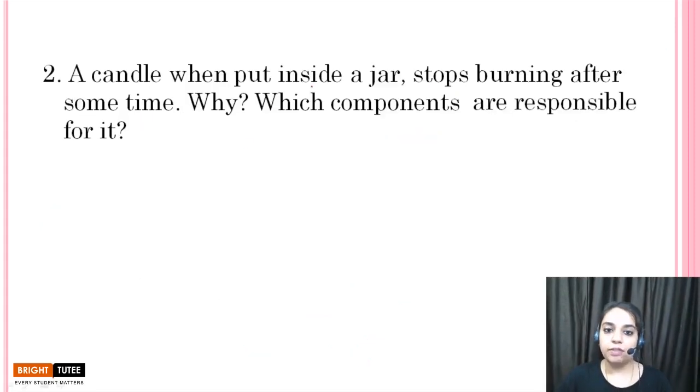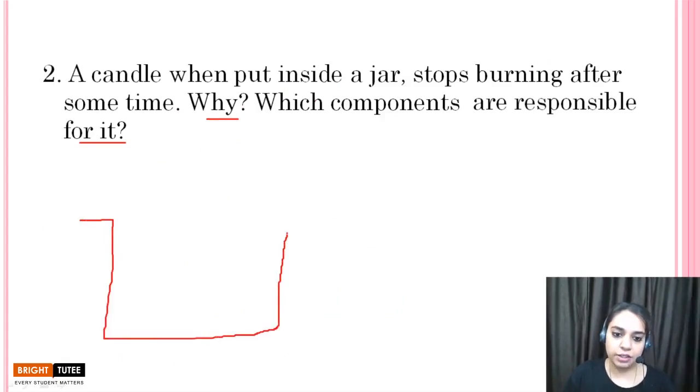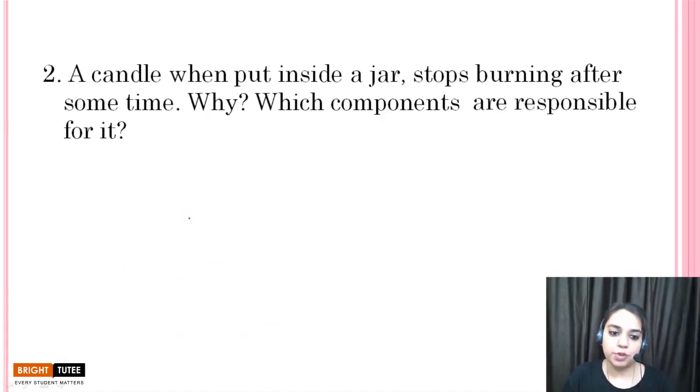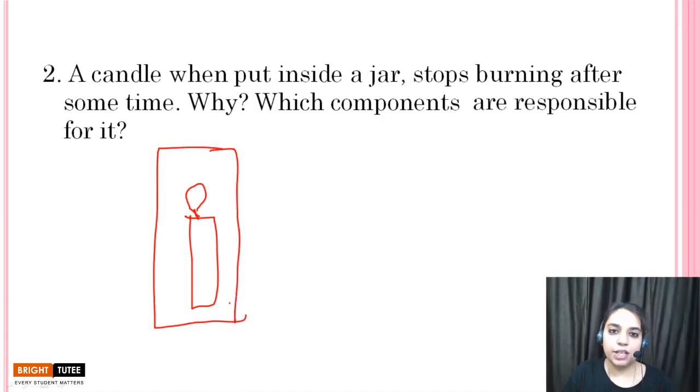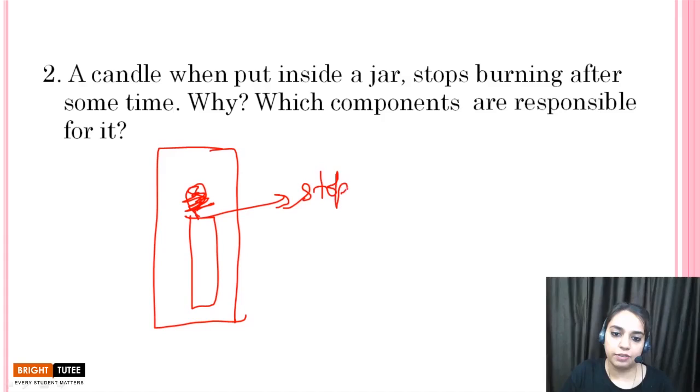A candle when put inside a jar stops burning after some time. Why? Which components of air are responsible for it? So children, suppose we have a container or a bucket which has water in it. Suppose we have a candle which is burning and we place an inverted gas jar over it. You will observe that within a few minutes the candle will stop burning.